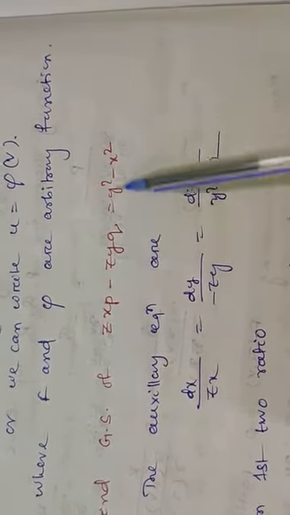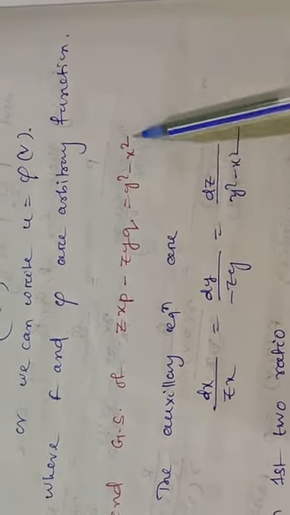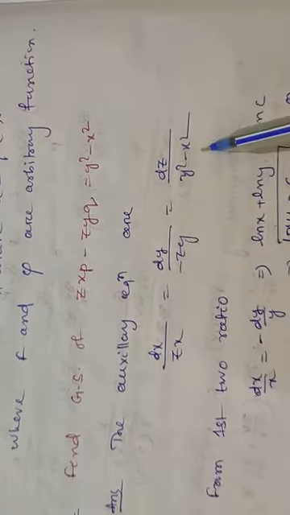Hence the Lagrange auxiliary equations are dx by zx is equal to dy by minus zy is equal to dz by y square minus x square, that is R.